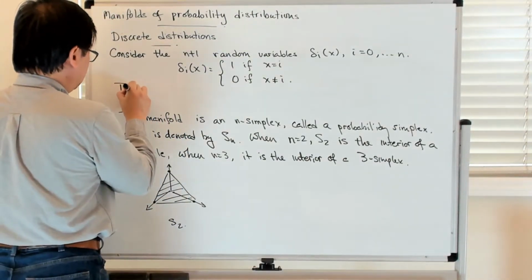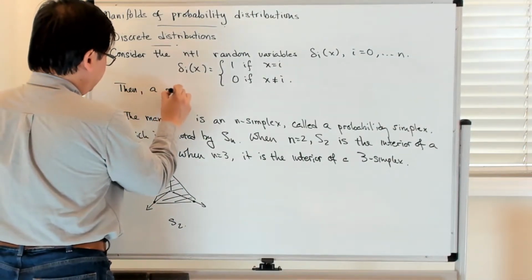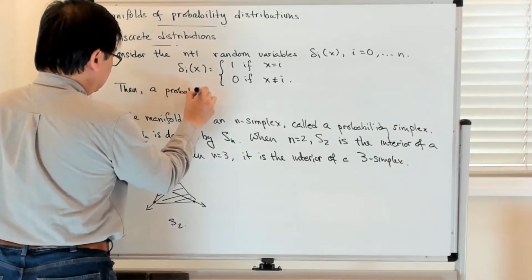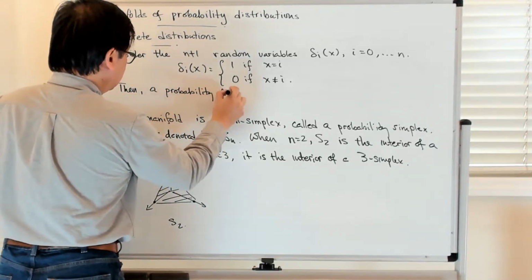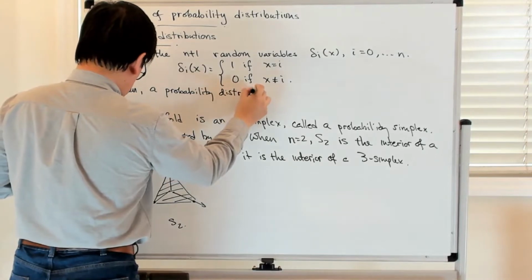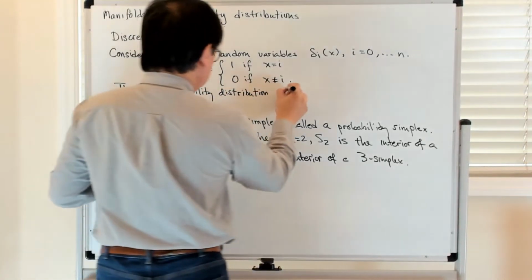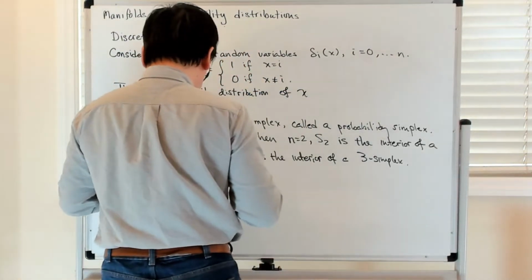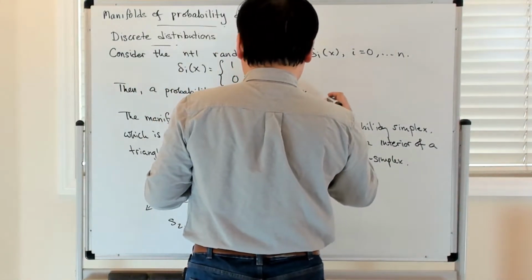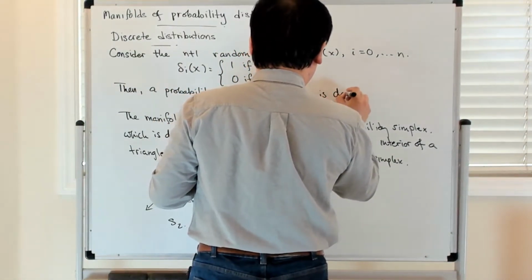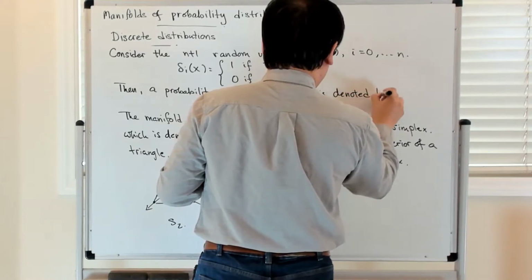Then the probability distribution of x is denoted by the following.